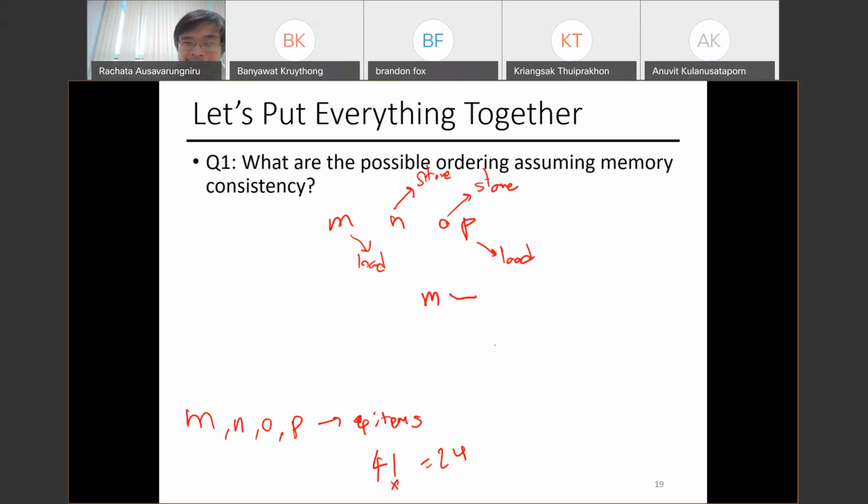Actually, M should happen before N, and O should happen before P, right? Why is this the case? Why should M happen before N and O happen before P?